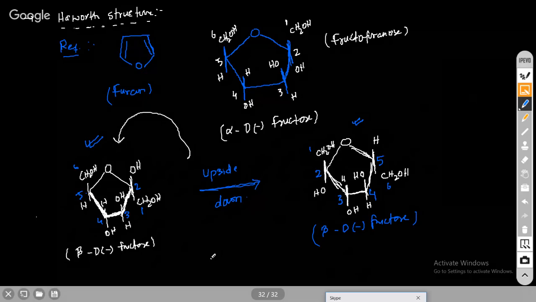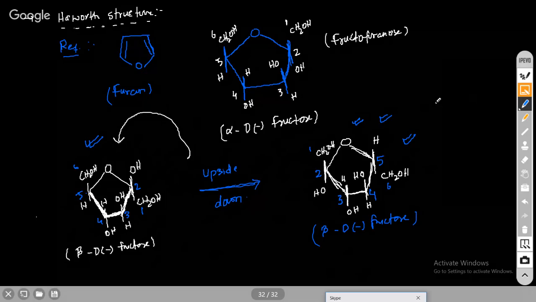So once in JEE, they have given this structure. So don't get confused that here we should have OH, here we should have H, and here we should have OH. If this structure is also given, it is nothing but the same, only the view angle is different. Here we are looking from the top, and the same molecule, if you look from the bottom, you will see this. Is it clear now?